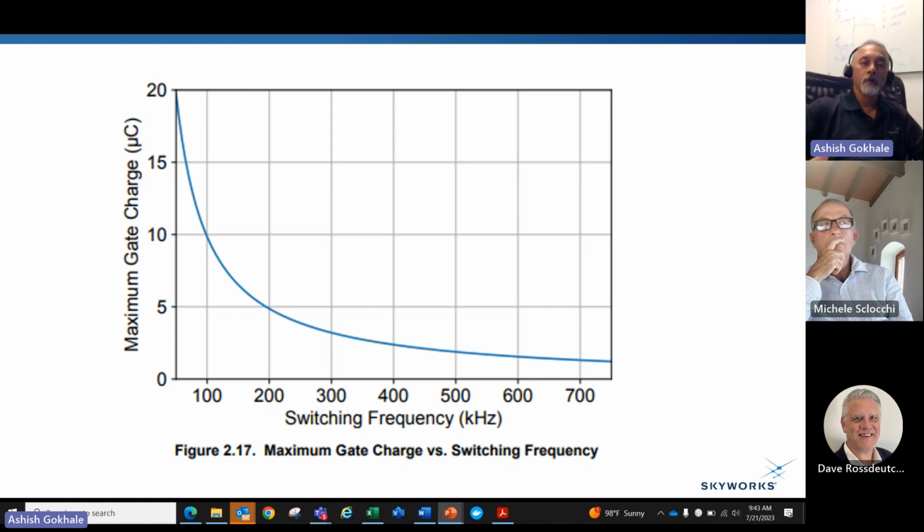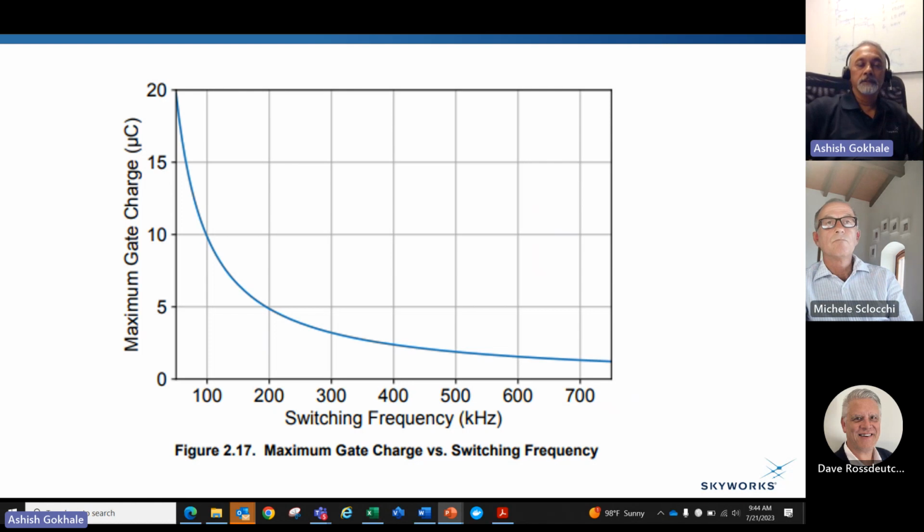So what this curve is showing is the safe operating area for a particular switching frequency versus how much gate charge there is. What is the gate charge that you're driving with this isolated driver? As you can imagine, as the gate charge goes up, the switching frequency has to go down to keep the power in the safe area. So that's what this curve is showing you.